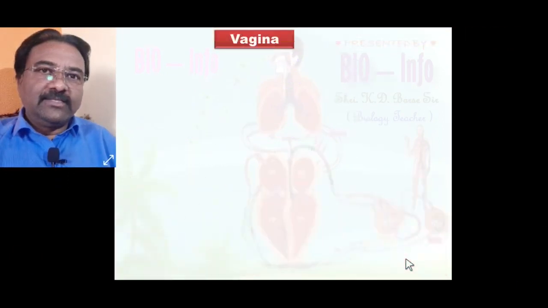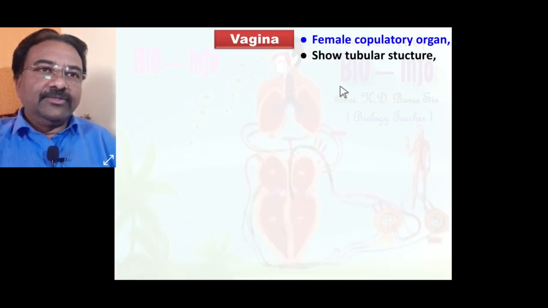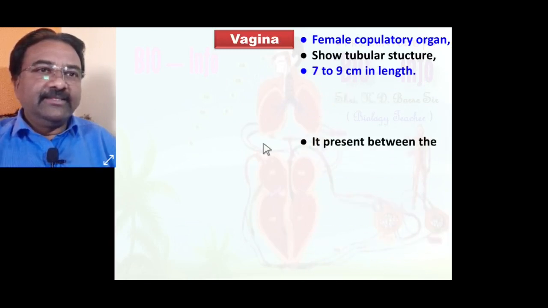The last accessory duct of the female reproductive system is known as the vagina. You know, the vagina is the female copulatory organ, and the male copulatory organ is known as the penis. It shows a tubular structure, 7 to 9 centimeters in length.